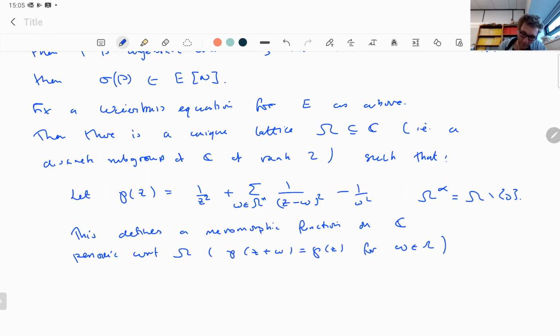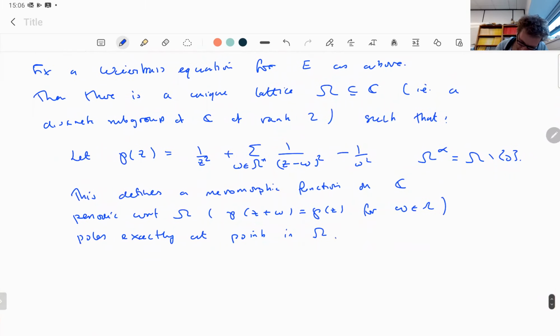This function has poles of order 2 at the lattice points, and those are the only poles. And it satisfies a differential equation, which is the same as the Weierstrass equation. Well, it's not the same. You put ℘ prime in for Y and ℘ in for X.